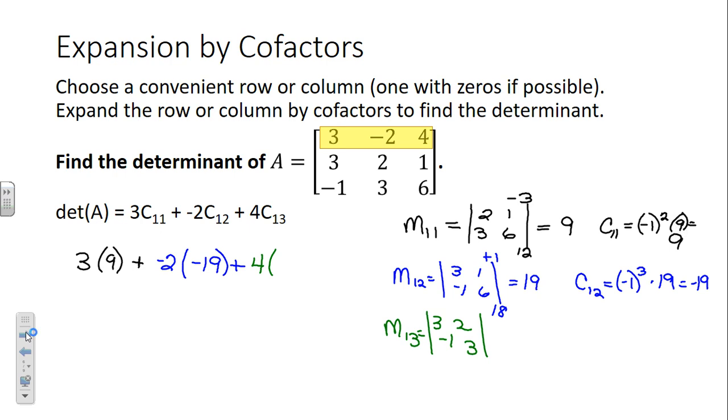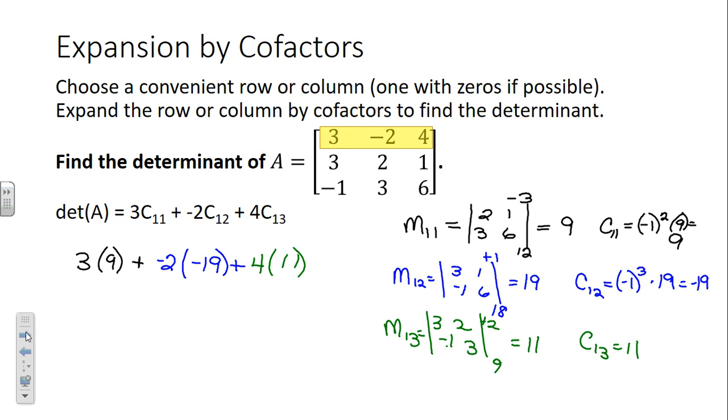Okay, let's evaluate that determinant. 3 times 3, negative 1 times 2. So change the sign and add. So the minor is 11. What's the cofactor going to be? 11. Okay, so far so good?